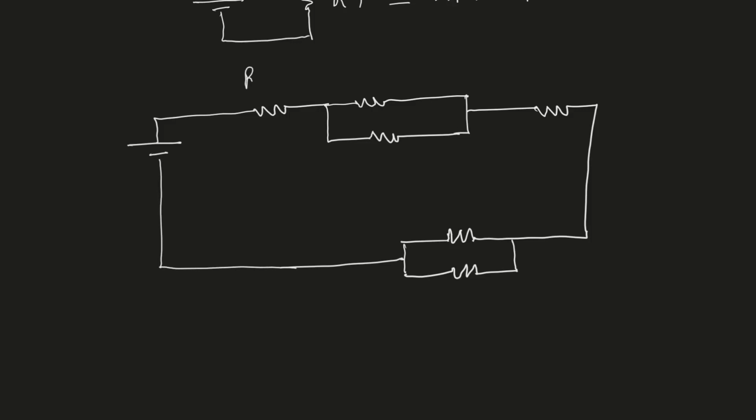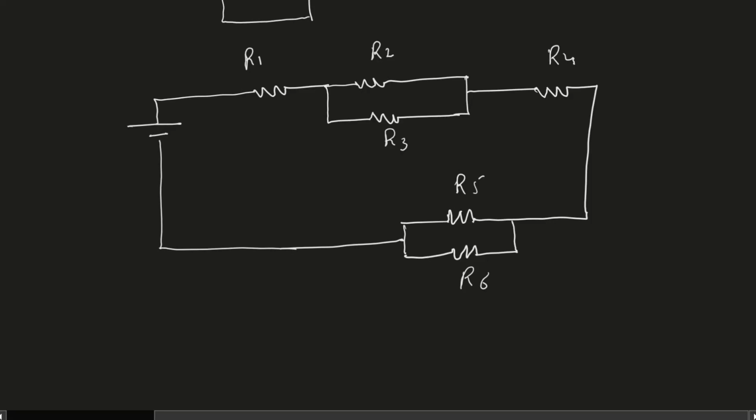So we have R1, R2, R3, R4, R5, R6, and let's say the source voltage is 10 volts.